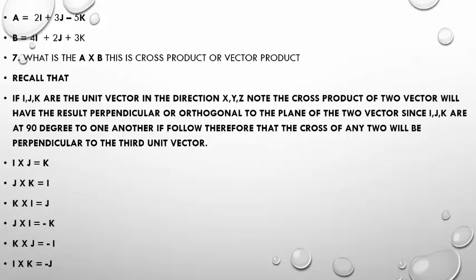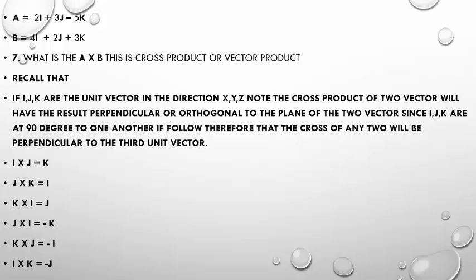Question 7. The same vectors that we have are 2i plus 3j minus 5k, then 4i plus 2j plus 3k. So we can easily find the cross product, and the cross product or the vector product, we need to work with ijk before finding this.